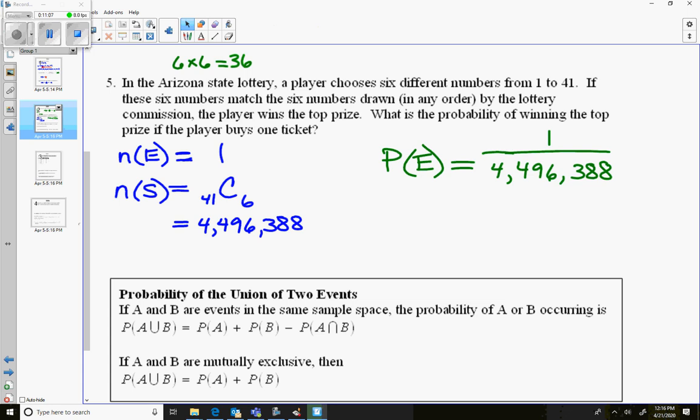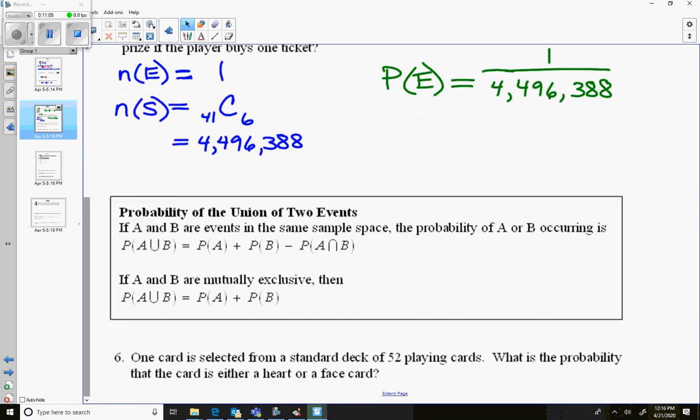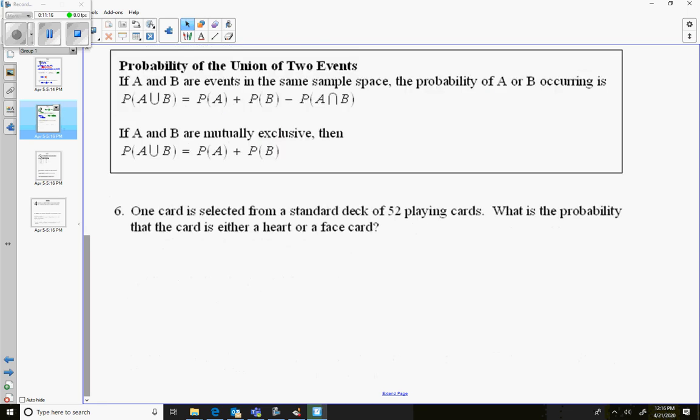Alrighty. Next, probability of the union of two events. Okay, first, make sure we understand this notation. That thing there that kind of looks like a U, it is not a U. Little horseshoe looking thing, but it looks like a U, stands for union.